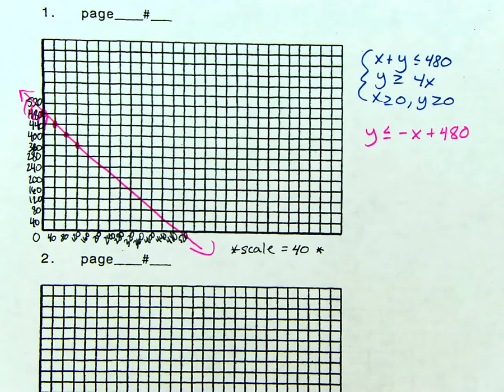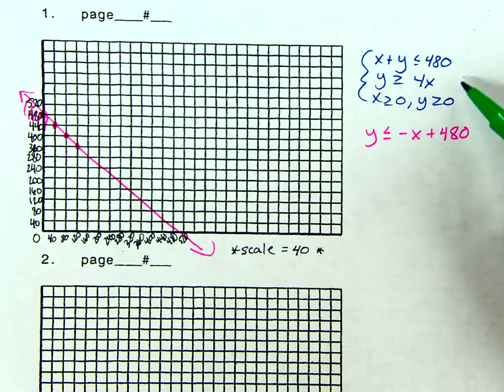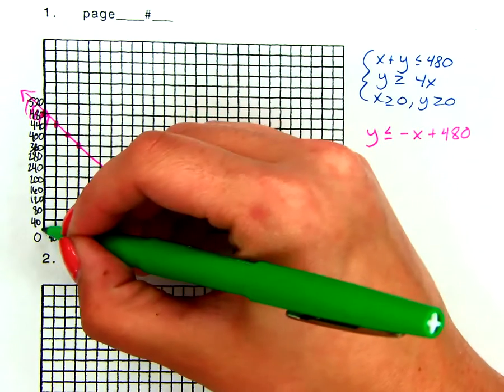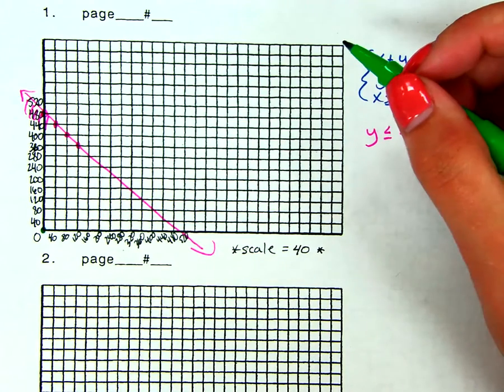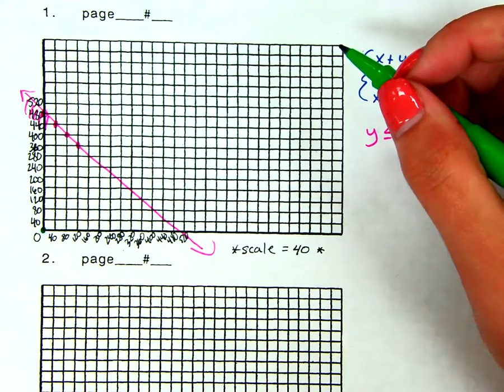And then for the next one, I'm going to do that one in green. So our y-intercept here is 0, so we're starting at 0, 0, and then we're going up 4 over 1. So again, as long as our scale is the same, we can just follow our slope rule.